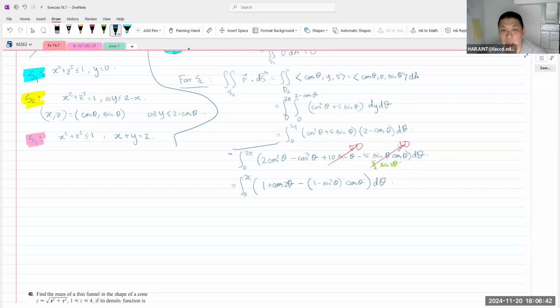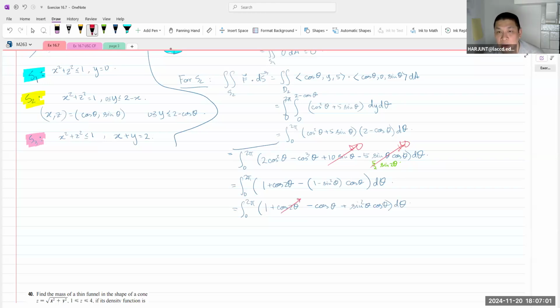Why? Because then this becomes the integral from 0 to 2 pi of 1 plus cosine 2 theta, which will become 0, minus cosine theta, which will also become 0, plus sine squared theta cosine theta, which will also become 0.